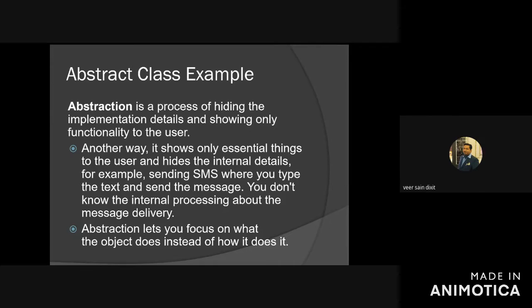Another way to say it: it shows only essential things to the user and hides the internal details. For example, in sending SMS you type the text and send the message, but you don't know the internal processing of the message delivery.